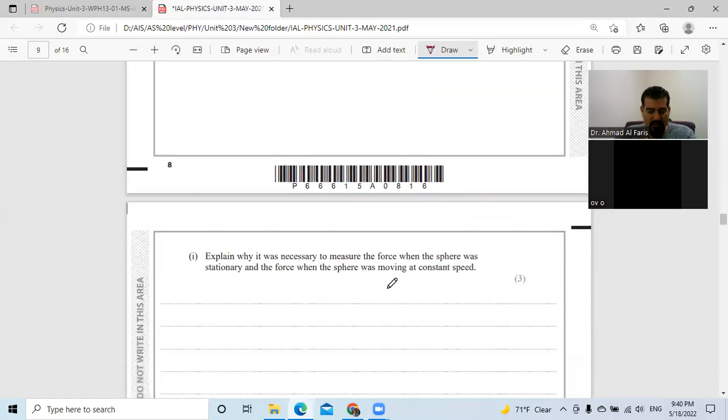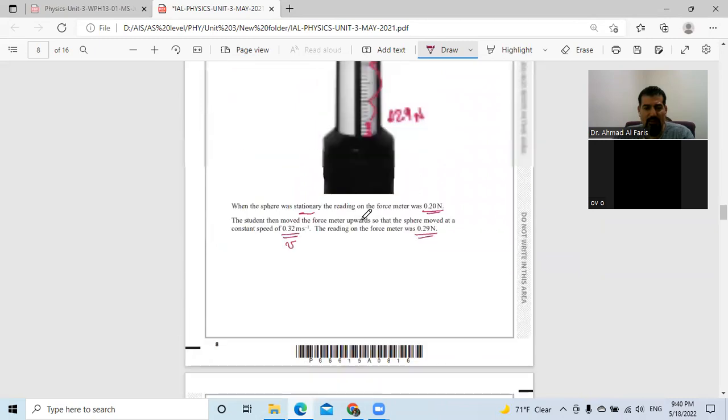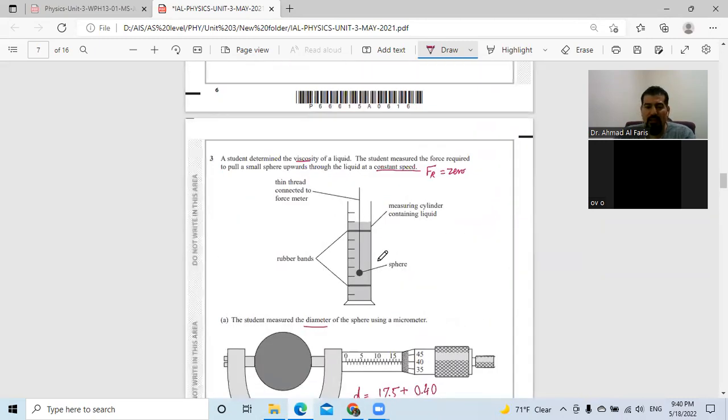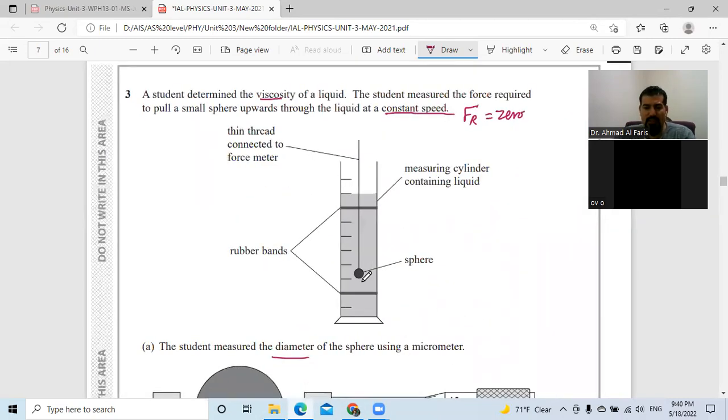Let's see what they ask. First part, what do they ask here? Explain why it was necessary to measure the force when the sphere was stationary and the force when the sphere was moving at constant speed. Let's go back to the picture. When it is stationary, what are the forces acting on the sphere?